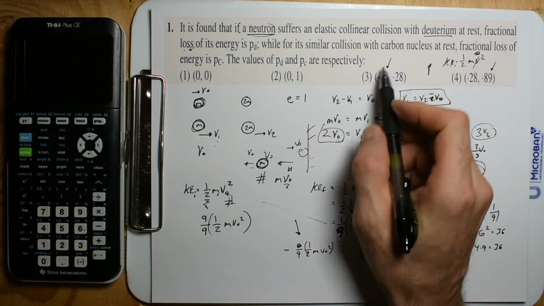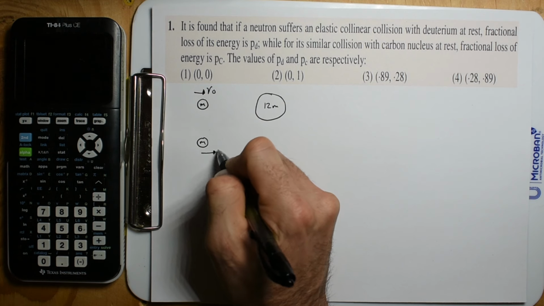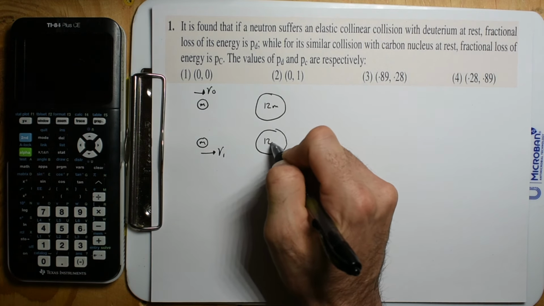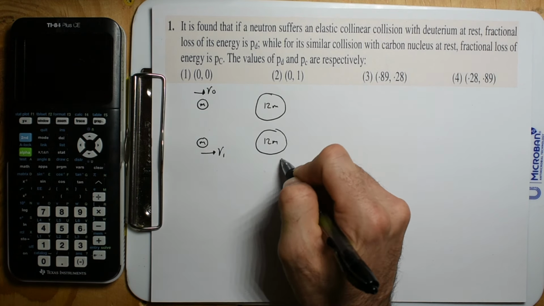Okay, so now we have to do this same jazz with a carbon, and a carbon has a mass of 12. But hell yeah, we're on a roll. So let's have this mass be m, and then we're going to do a mass of 12m. We're going to come in with initial velocity, and when we leave, this mass will have v1, and this will have v2.